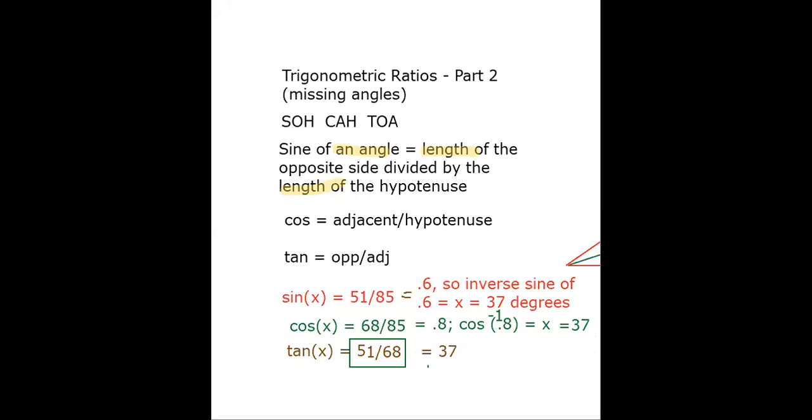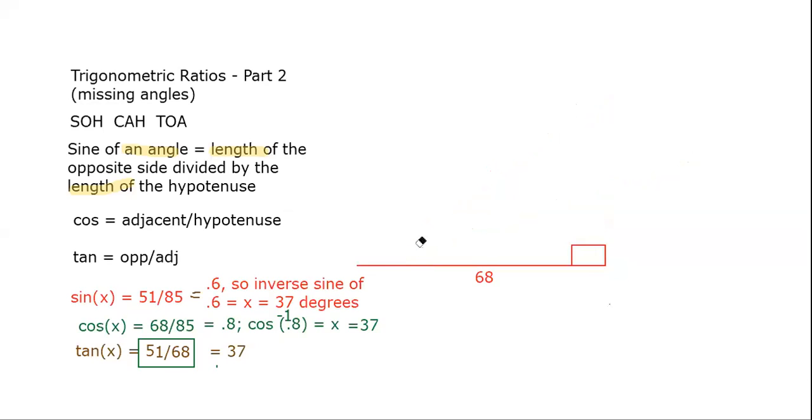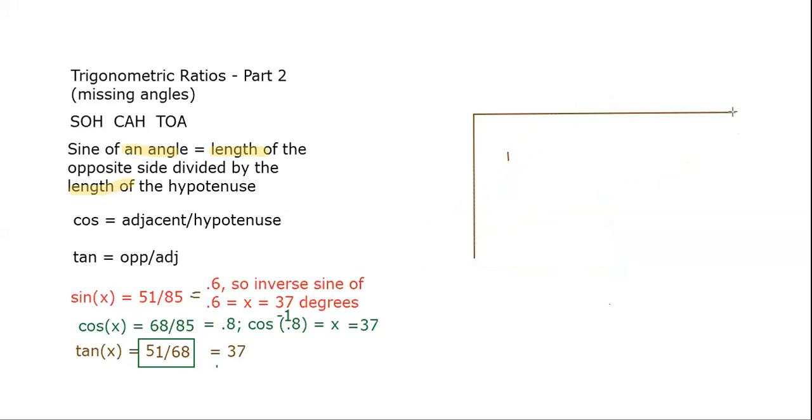For example, on number 30, you're given a right triangle, and it's situated a little differently, like so.